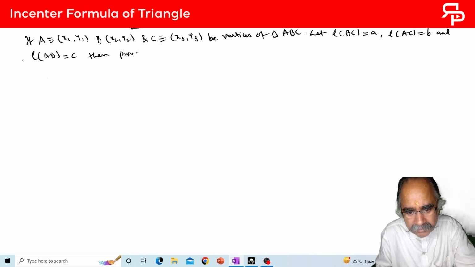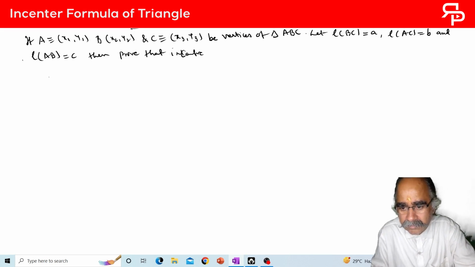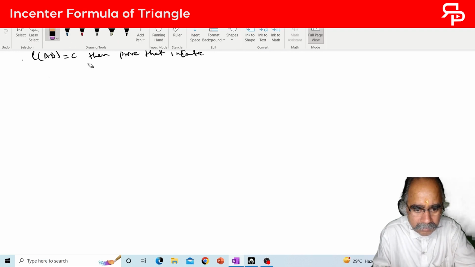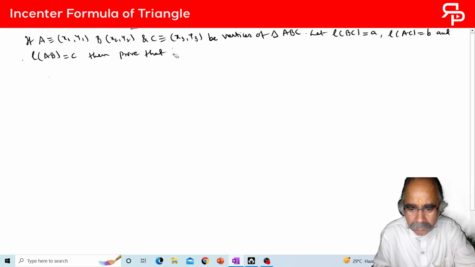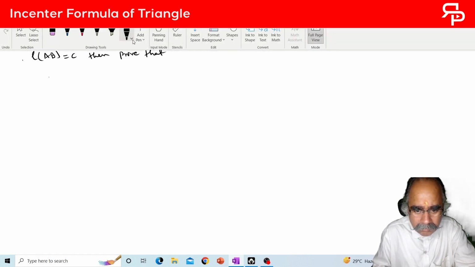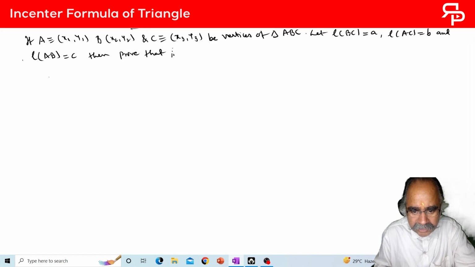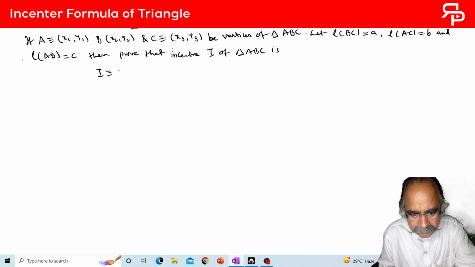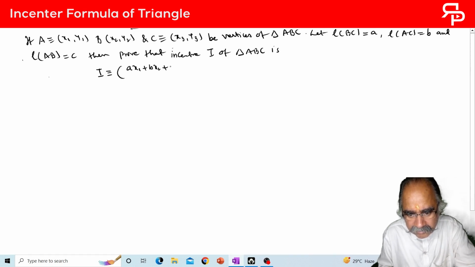Then prove that the in-center I of triangle ABC is I corresponds to (a x1 + b x2 + c x3) upon (a + b + c).